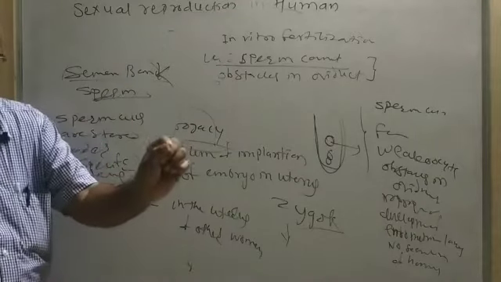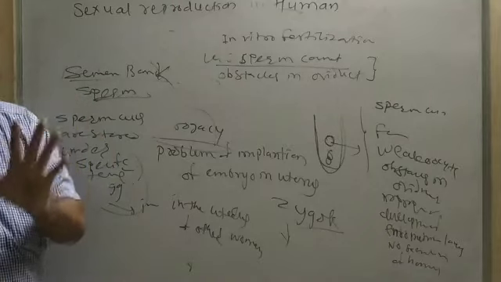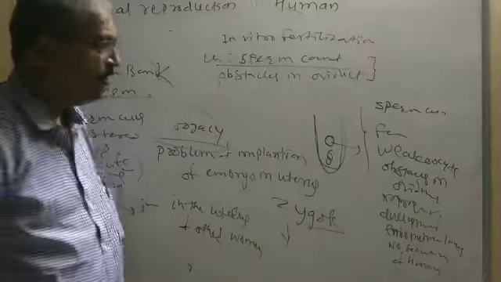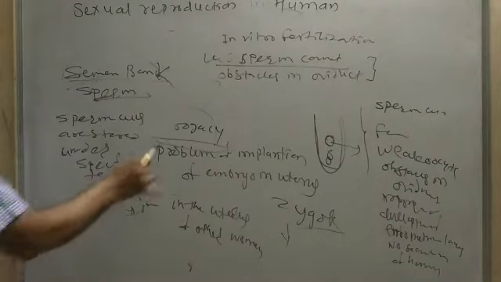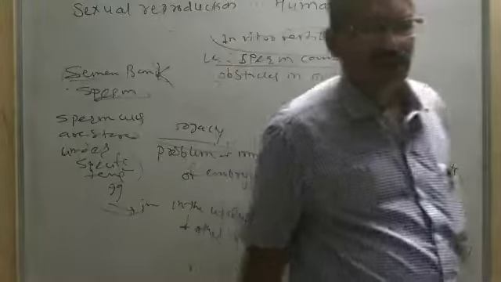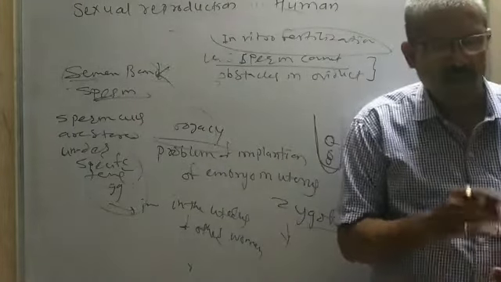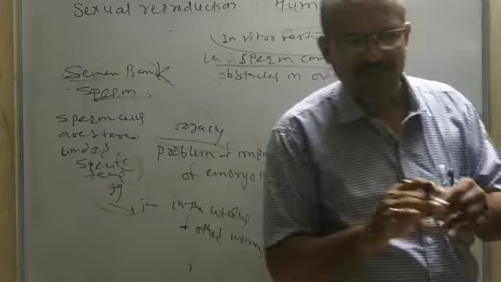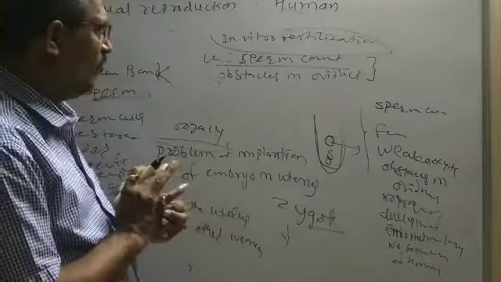The name of the person whose sperm cells are given is always kept secret, and by using these sperm cells from the sperm bank, with modern technology, new babies are born. This facility is made available because of developed science.